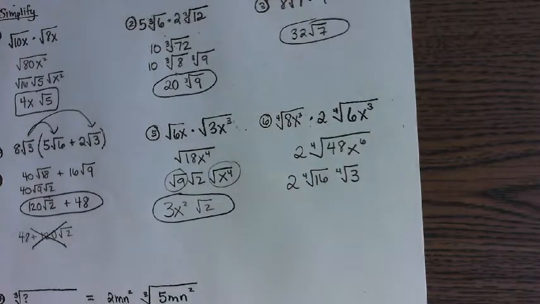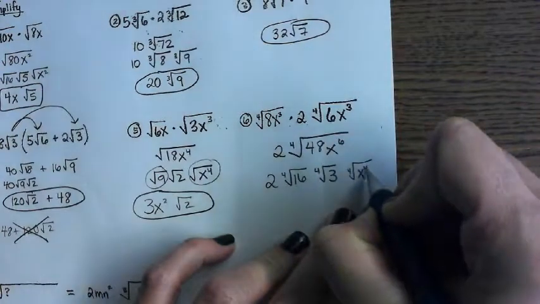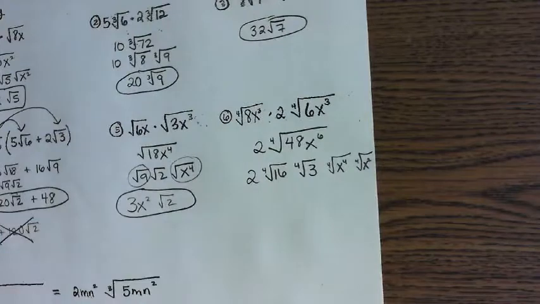If it's a square root, we need it to be a multiple of 2, hence why we keep looking for evens. If it's a 3rd root, we need it to be a multiple of 3, which actually this one would have been. 4th root, you need it to be a multiple of 4, and 6 is not. So we do want to break down x to the 6th into x to the 4th x squared. Does that make sense?